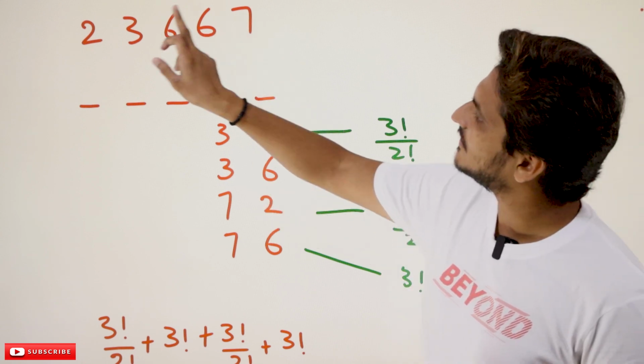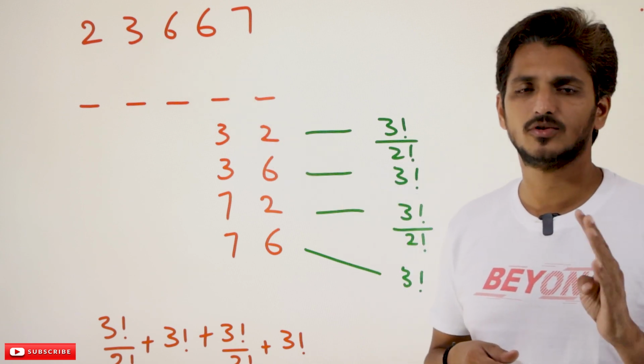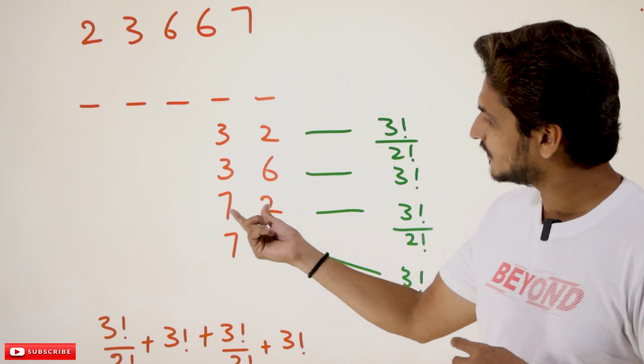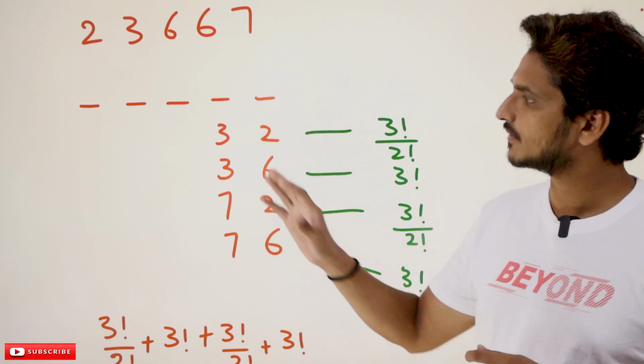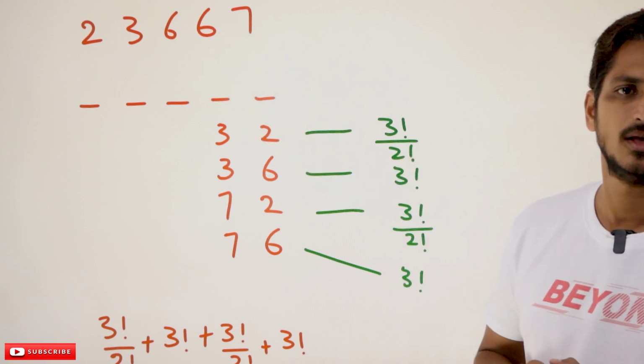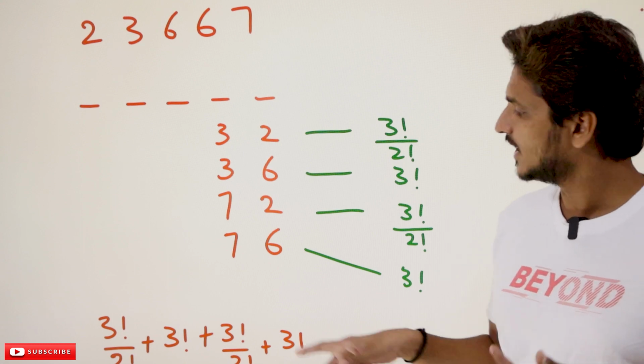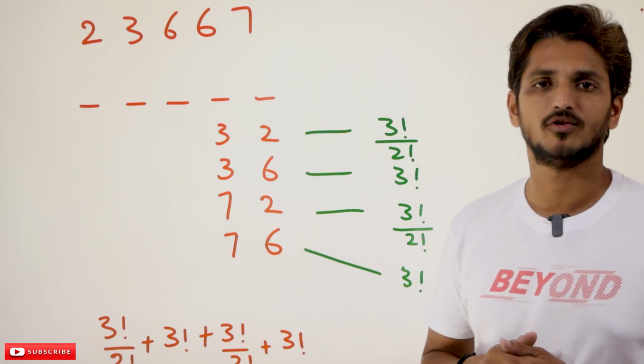Similarly, we have 72. 72 is divisible by 4. Once you place 72 in the last two positions, the remaining 3 digits are 3, 6, 6. Repetition is there, so 3 factorial by 2 factorial. In the same way, 76 is also divisible by 4.